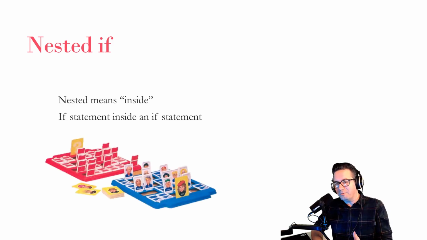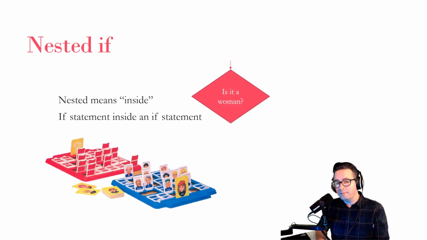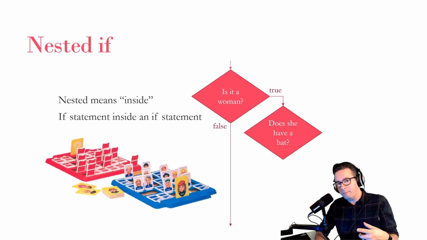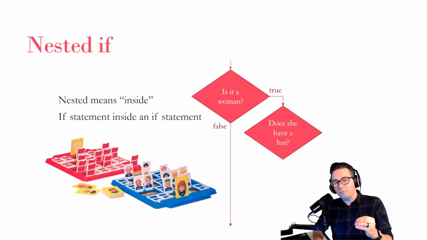All right, so anyways, the thing that I usually think of is the Guess Who game that I grew up with. First you ask, is it a woman? And that answer is either yes or no. So if it's no, it's false, and if it is, it's true, right? Then after that, you knock down the people that aren't women, and you're left with some women.